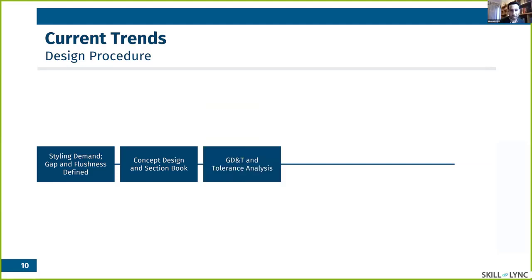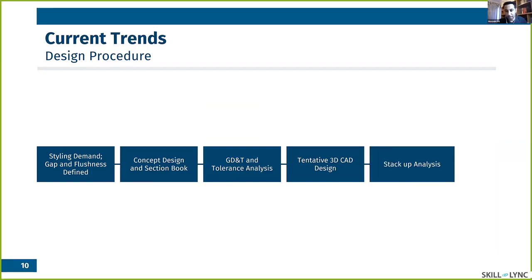Then we go for a GD&T tolerance analysis. And after that, we would create a tentative 3D CAD design. I mean, we would have an approximate schematic of the 3D CAD of the vehicle, by which we would be able to do the stack-up analysis better.